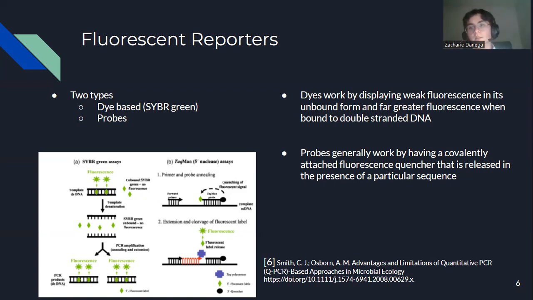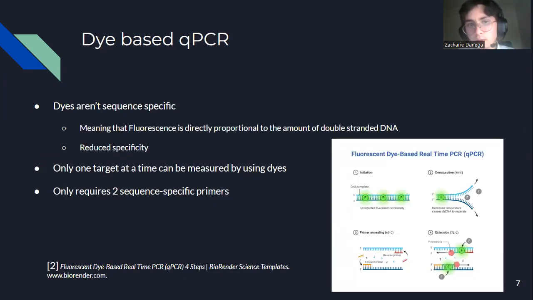This is how it generally works. The picture on the slide shows two very common systems. I'll talk more about them. Just take a quick look. Okay, let's move on.